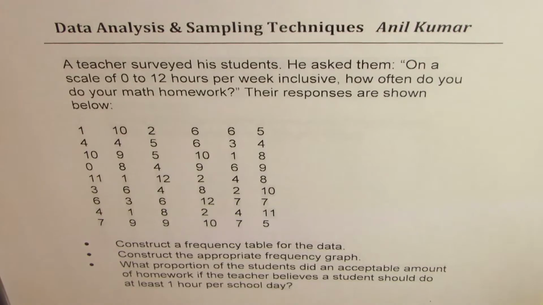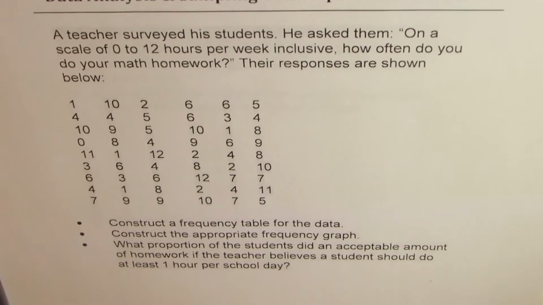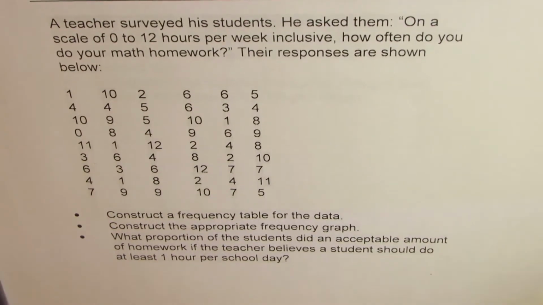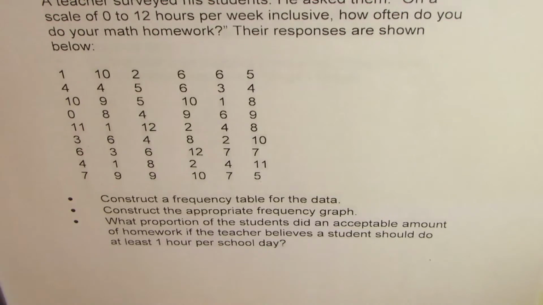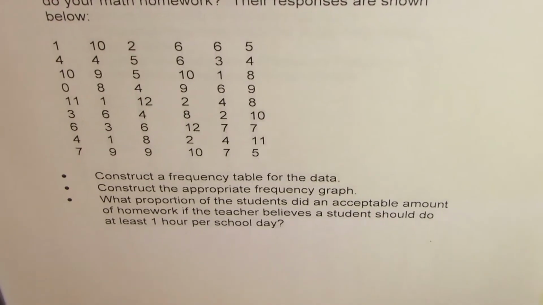Now from this data, you have to construct a frequency table, construct an appropriate frequency graph, and find what proportion of students did an acceptable amount of homework if the teacher believes a student should do at least 1 hour per school day, right?